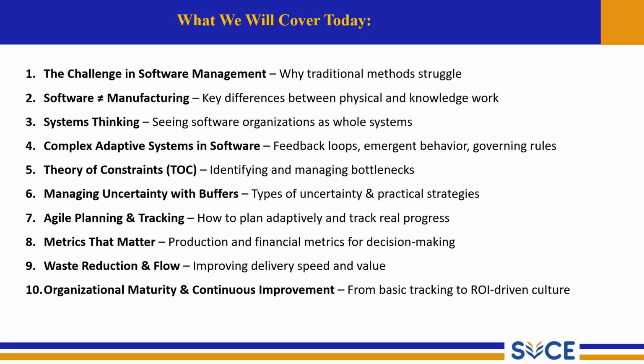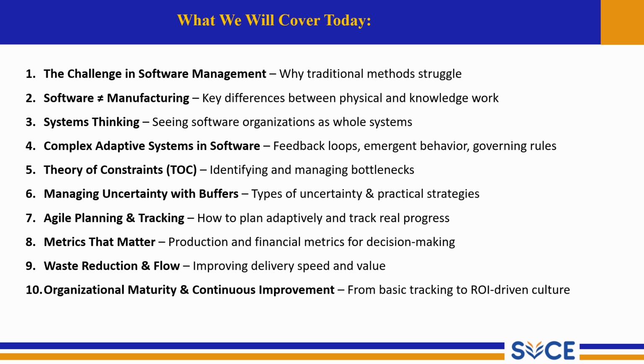Here we will understand the key difference between physical and knowledge work, and system thinking, seeing the software organization as a whole system. Next is complex adaptive systems in software: feedback loops, emergent behavior, governing rules.